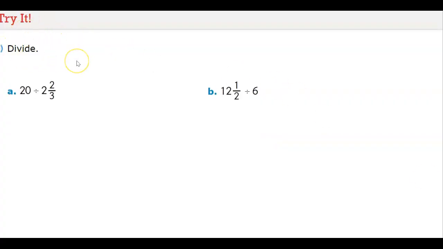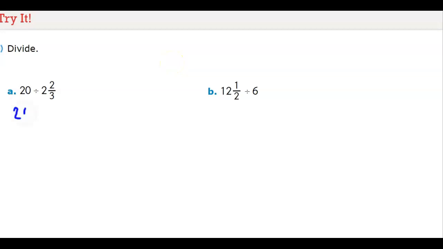Now let's divide. So we're going to do A, 20 divided by 2 and 2/3. So let's look at this. All right, I'm going to set this one up by changing the 2 and 2/3 to an improper fraction.